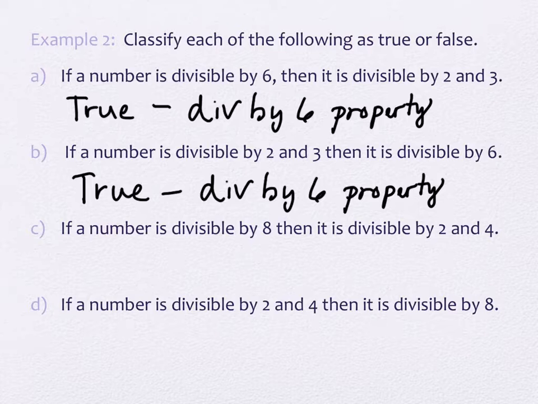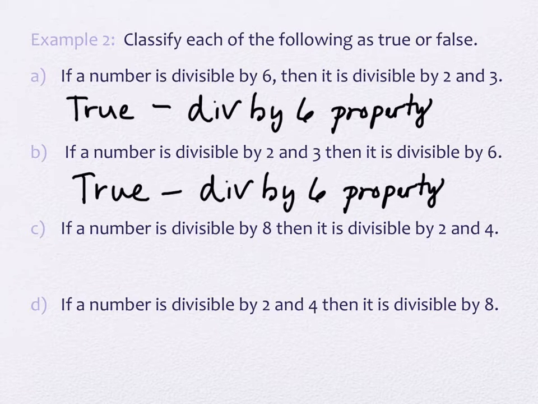All right, let's see. If a number is divisible by 8, then it is divisible by 2 and 4. Think about our property for 8. What does our property for 8 say? The last 3 digits as a number have to be divisible by 8, right?